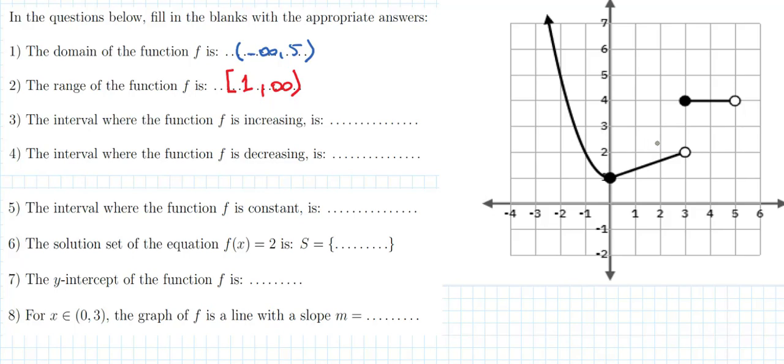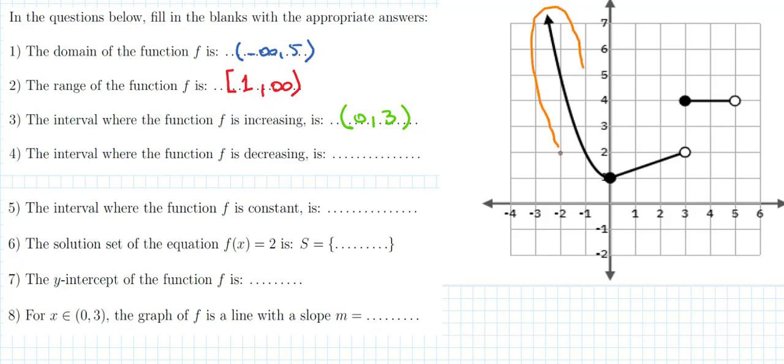In the third question, we should determine the interval where the function is increasing. It is increasing on the interval 0, 3. So the function here is increasing on the open interval 0, 3. For the interval where the function is decreasing, we will be interested in the left side part of this function.